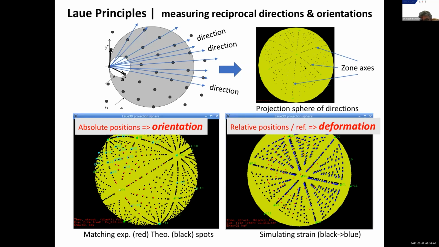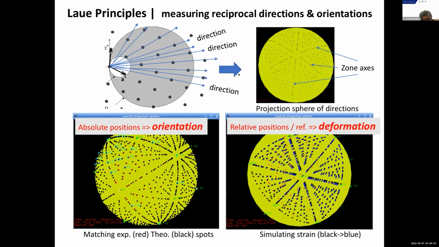The yellow sphere is centered on this point. If I project all the directions onto this sphere, each black dot corresponds to one direction, and I repeat, one direction can be composed of many reciprocal space nodes. If you do this computation, you can see that some spots seem to be aligned, and this is what we call a zone axis.